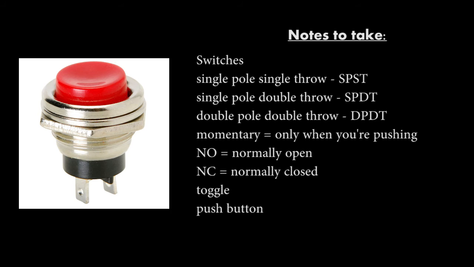So the switch is normally closed just by itself, and then if you push it, it opens the circuit, disconnects them. But if you see NO, these two legs would be normally open, and the switch by itself would be normally open and the two legs are disconnected, but if you push the button, that would close the circuit and it would connect those two legs. Okay?